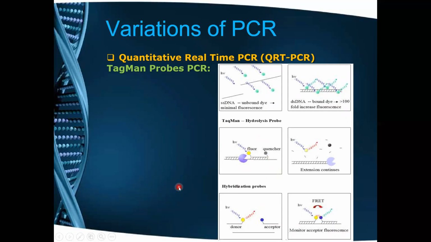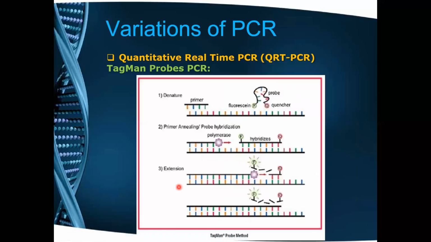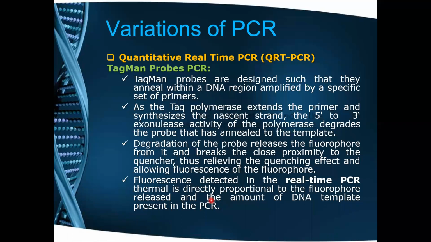Okay, so how this fluorescence detected in the real-time PCR thermal cycler is directly proportional to the fluorophore released and the amount of DNA template. Okay, that means what is happening, total যতটা তৈরি হচ্ছে সেটাই হচ্ছে amount of light produced when you are going for the real time PCR.